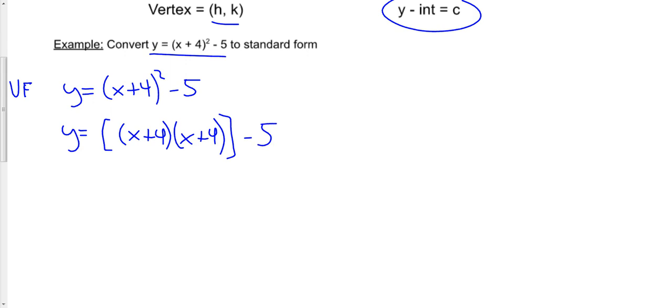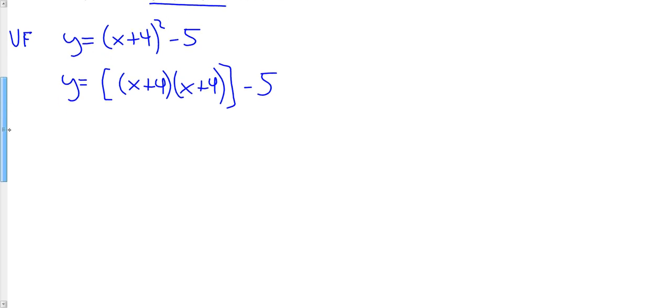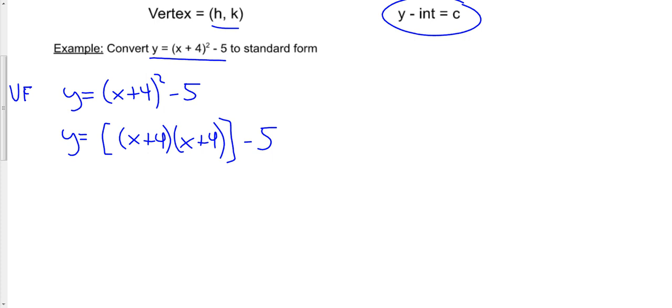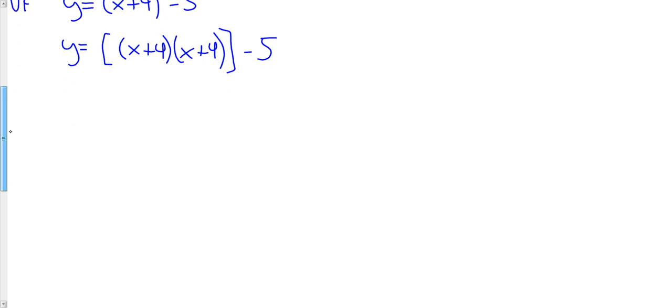So now that I have two binomials in this equation, I'm going to multiply them using my FOIL pattern, just like we had learned to do in the last lesson. So I'm going to multiply that now.